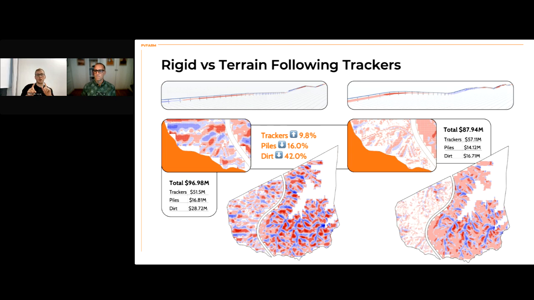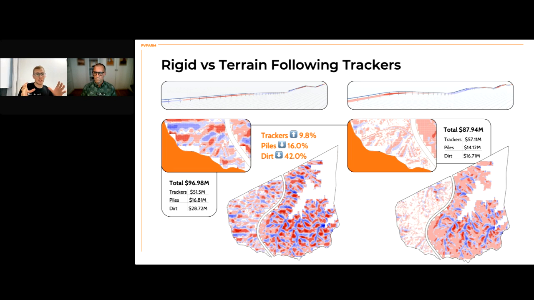But it's not only about that, guys. It's a good question, because it's not going to work the same on a different project, right? Not only the manufacturer constraints are important, but also the actual terrain. We saw projects where terrain following trackers didn't give anything, as well as projects where terrain following trackers cut 70% of the dirt that needs to be moved.